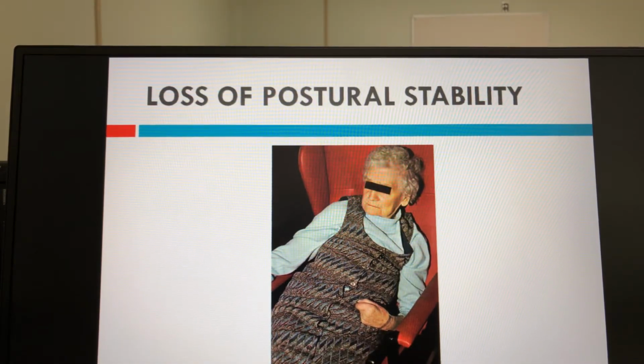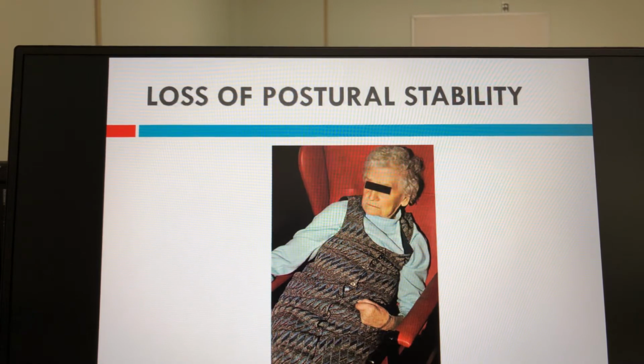We can see loss of postural stability in this little lady right here. So we have to remember about those phases, because spasticity at this particular phase of stroke denotes progress toward recovery.